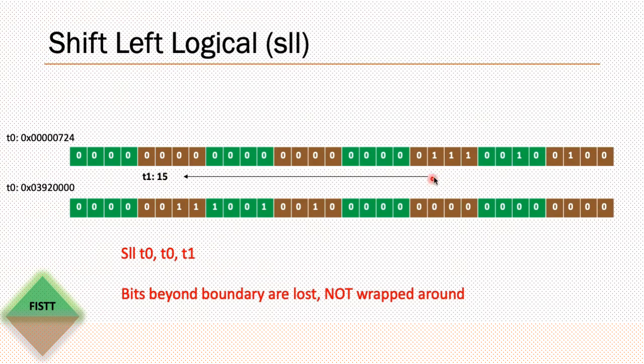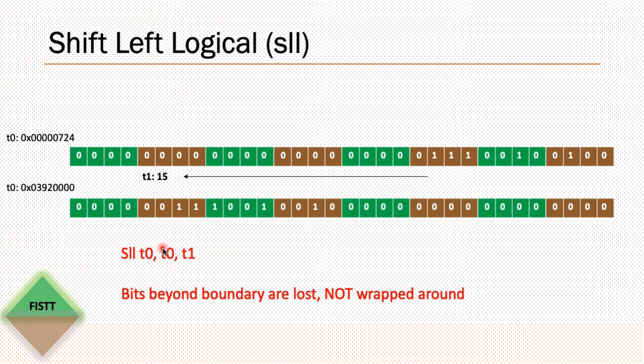So this one should be moved 15 bit positions: 1 2 3 4 5 6 7 8 9 10 11 12 13 14 15, so it comes here, and the new value becomes 0 3 9 2 0 0 0 0, which is this.